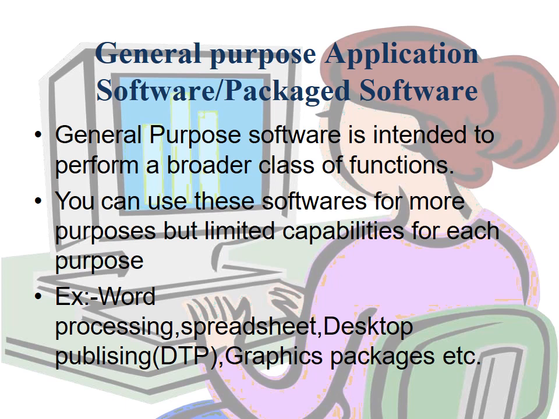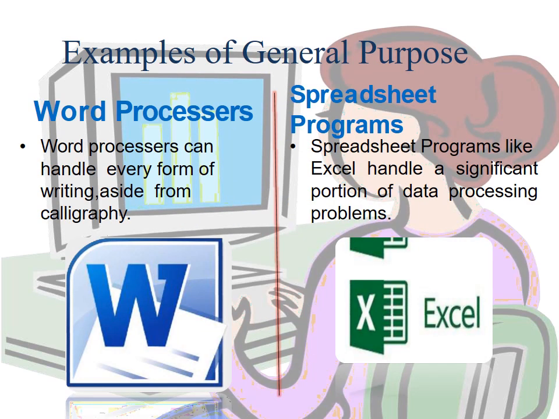For example, with word processing software, we can create documents. With spreadsheet software, we can keep accounts and perform calculations on numeric data. And with graphic software, we can create or edit images and videos. Now, examples of general purpose or packaged software.